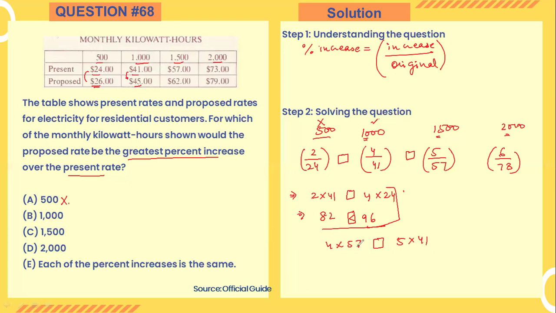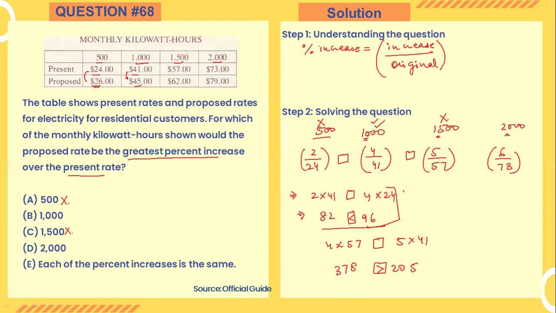So that is 228 and this is 205, so this is greater. That means the second ratio, that is for 1000, is greater as compared to 1500. The left hand side ratio comes out to be less. Option C also gets eliminated.